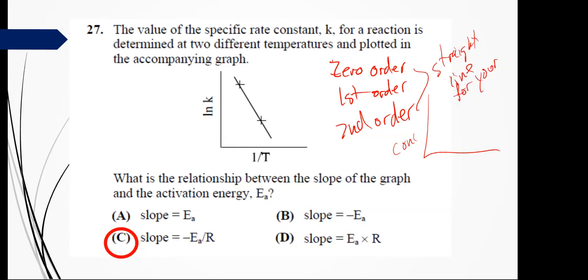For your graph, they covered this one inside your textbook. Oh, I lost my page now. I just wanted to make sure that you can visually identify when it's a zero order, first order, or second order equation. And so it's in your book.